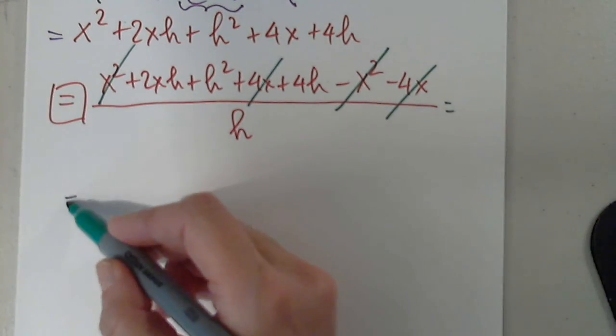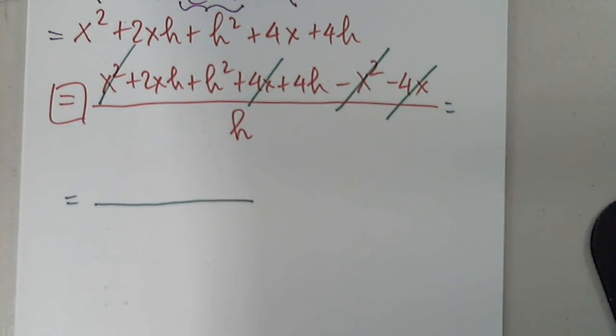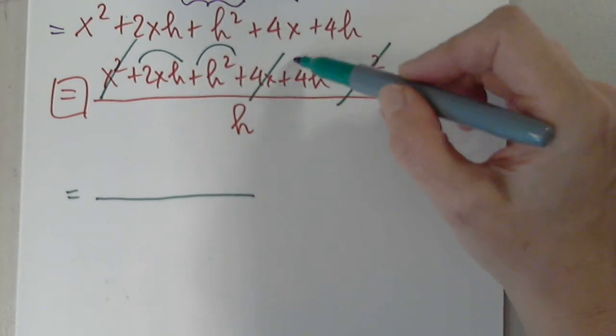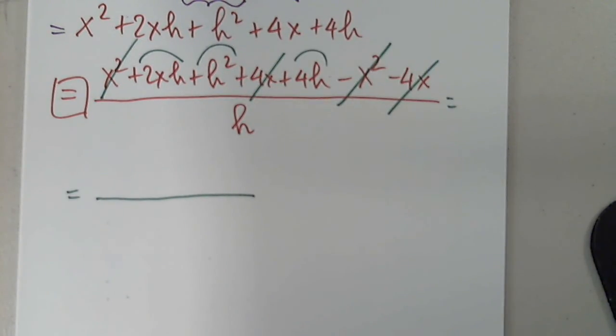Great. And then what is the next step? What do I have to do next for sure? I have 3 terms left over. And what do I need to do next? Is it simplified? Not yet. I have to do one more step first, before I simplify.